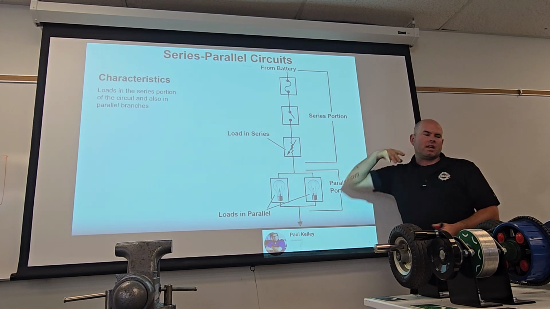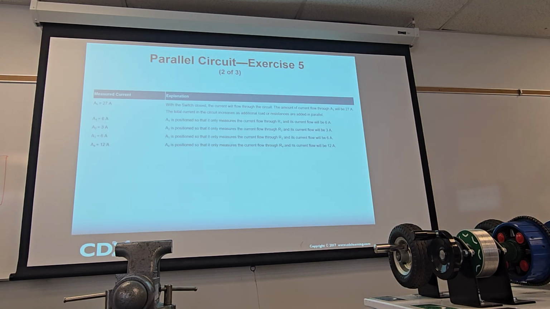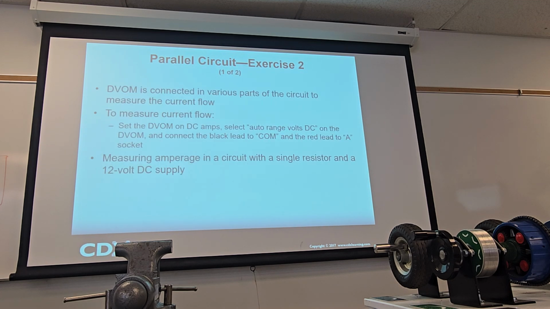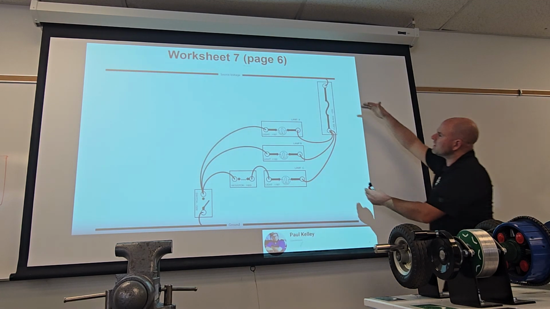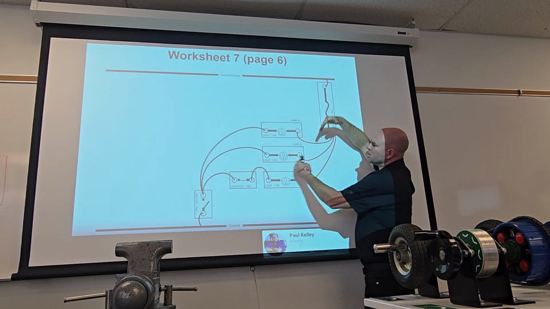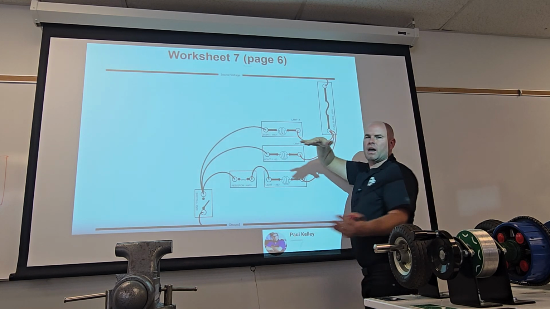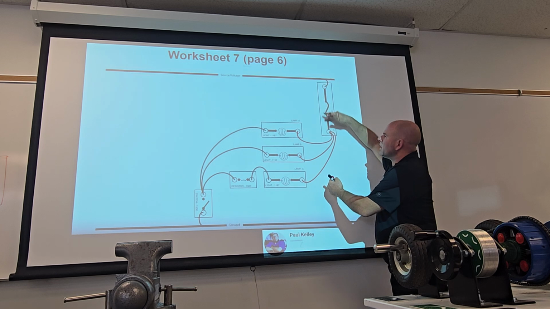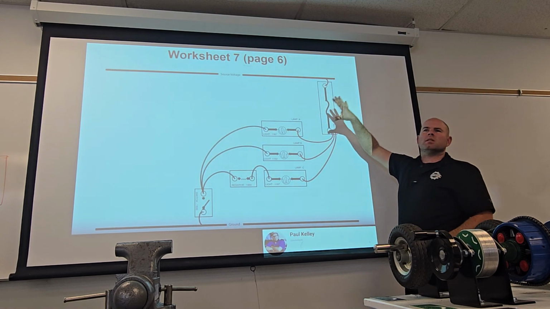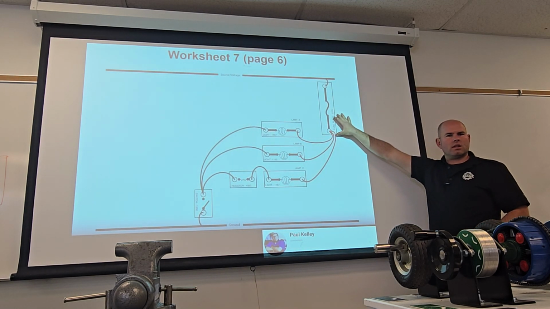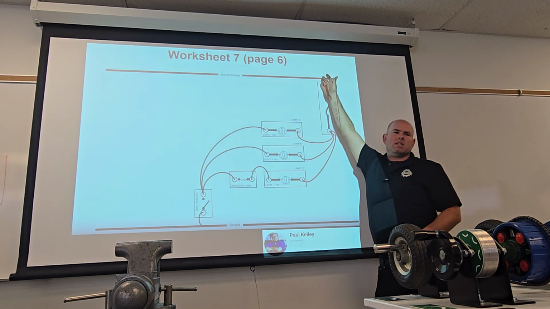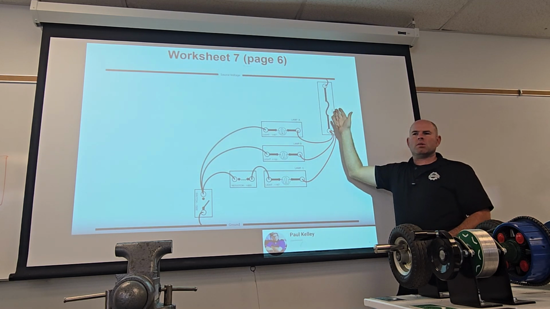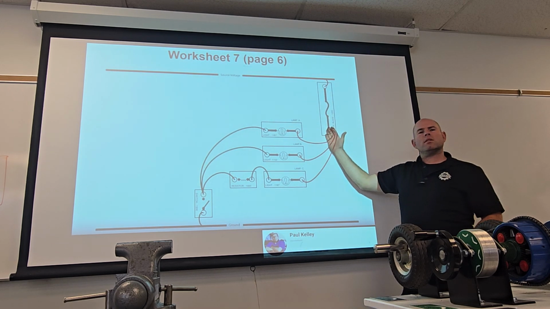But if we were to back it up to here, you might say that this is a series part and this is a parallel part. And you're kind of right because there's one lane right here. But the reason we don't consider this a series parallel circuit, this is just a parallel, is because there's no load while it's in the series part. So it's almost like right here is a single lane.